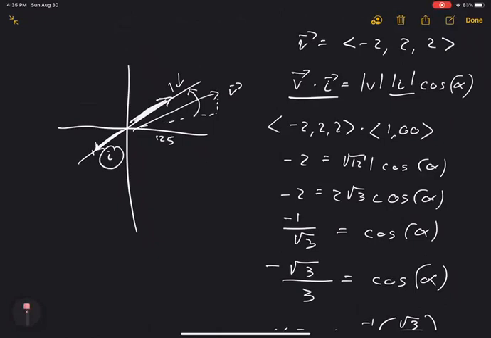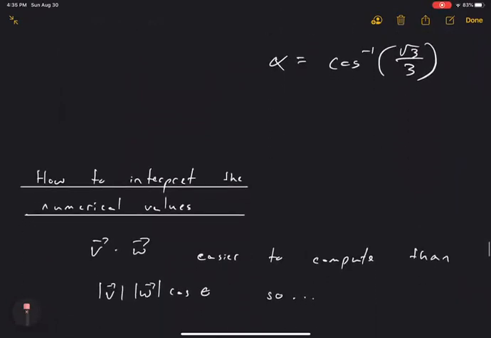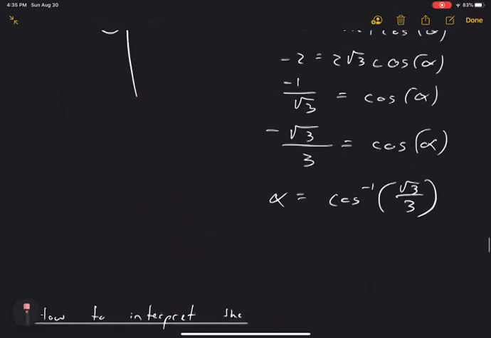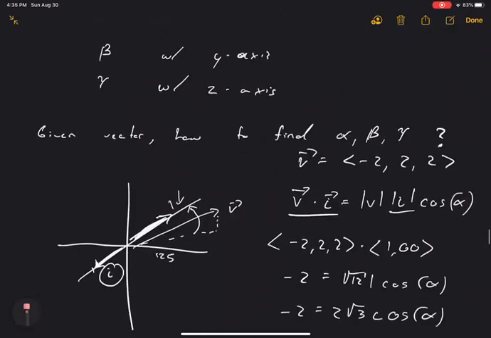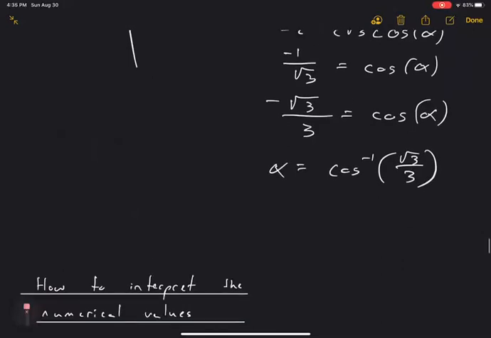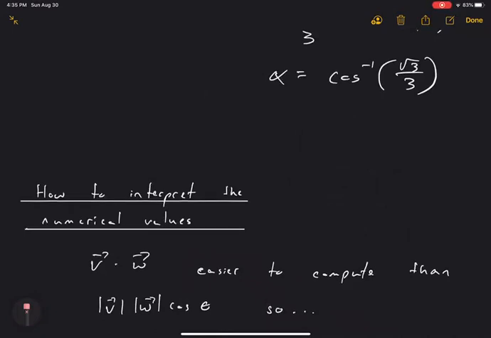And then repeat the same process. So we did direction angle for the x-axis, and then y-axis, z-axis, same thing. So now we can talk about the numerical values of our dot products.